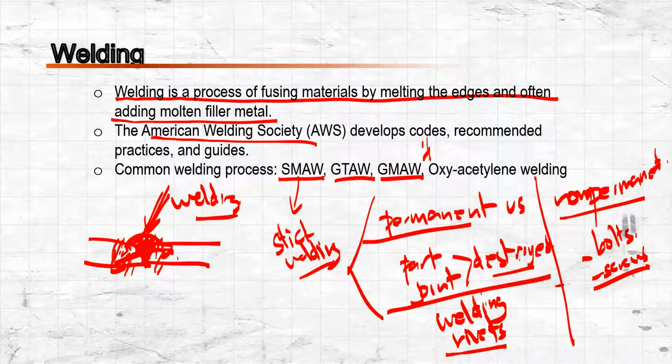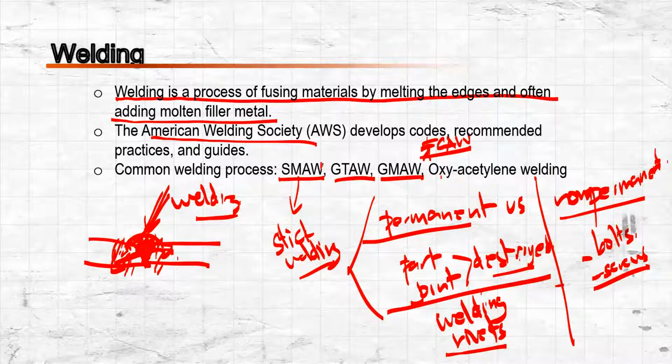In our structures engineering course, we only mentioned flux core arc welding, FCAW. And this one right here I included, oxyacetylene welding, but I think this is probably more in brazing.